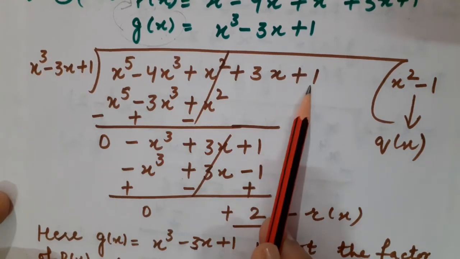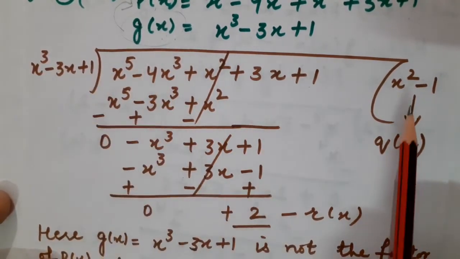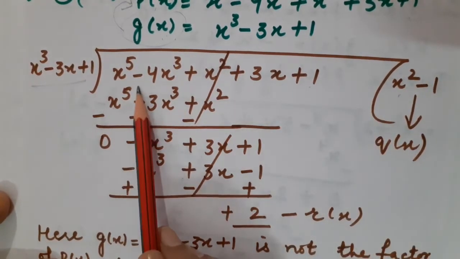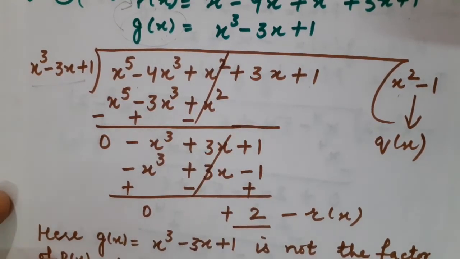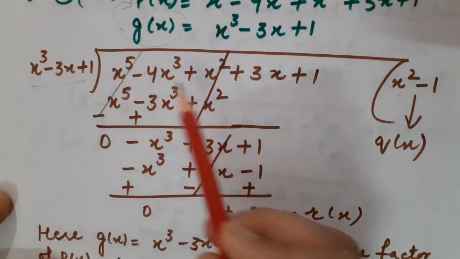So let us start a division. This is complete polynomial I have written, dividing it by x cube minus 3x plus 1. So I am multiplying this complete gx by x square. I have got x raised to the power 5 minus 3x cube plus x square. Changing the sign, it has become minus, plus and minus. They both are going to be cancelled.